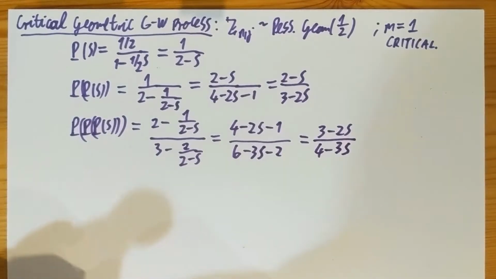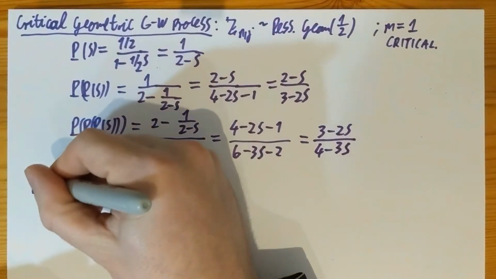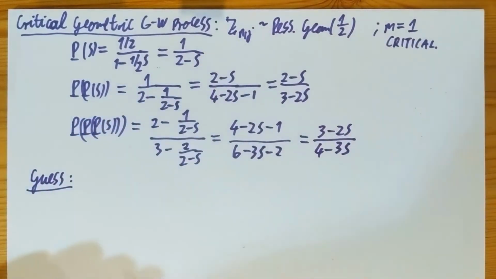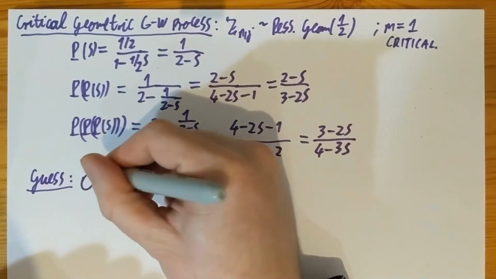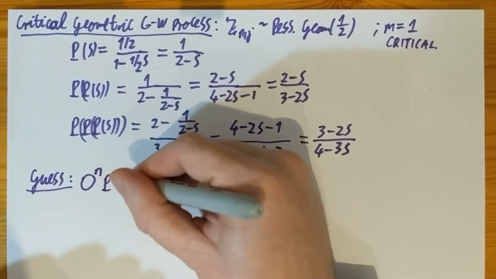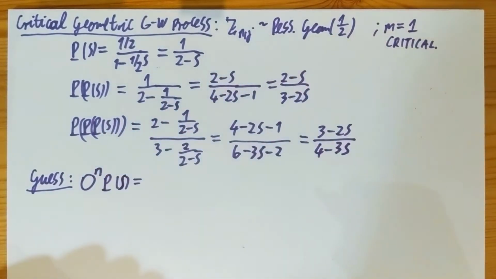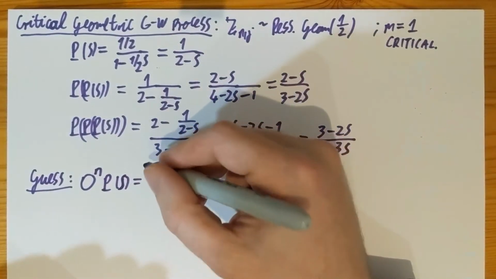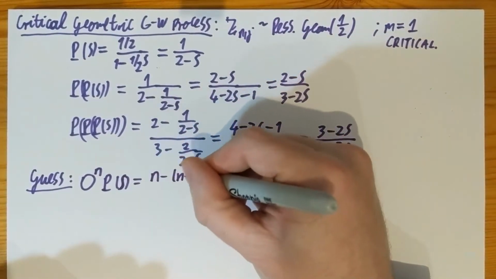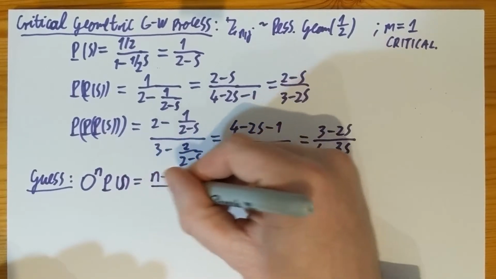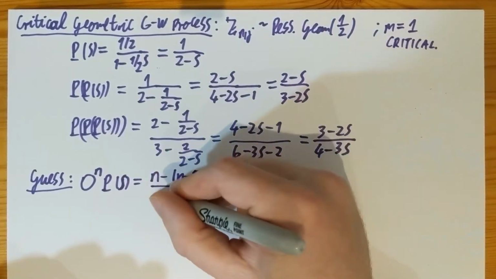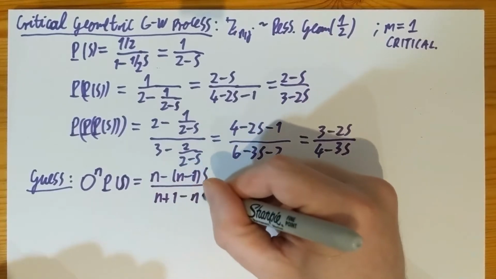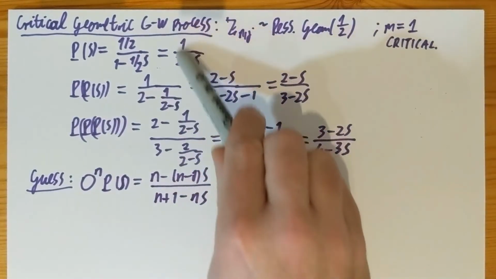And that kind of starts to be a bit suspicious. There seems to be some kind of a pattern here. And so I actually have a guess. My guess is that when I do the n-fold composition, then I have n minus (n minus 1)s over n plus 1 minus n times s, which exactly seems to be the pattern here.